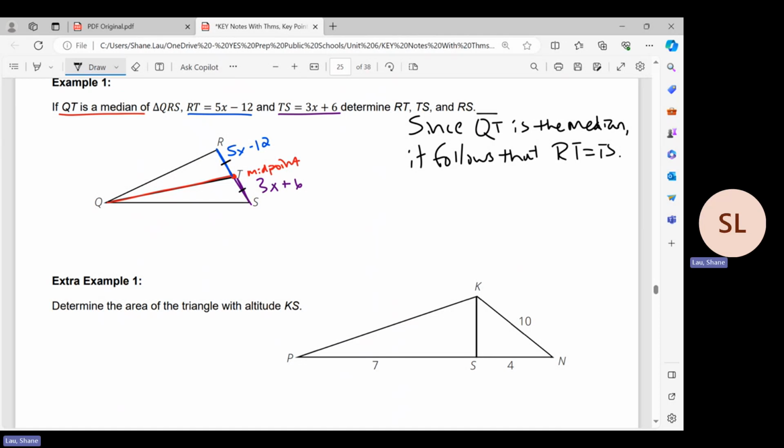And we can put them equal to each other and solve for x. So 5x minus 12 equals 3x plus 6.